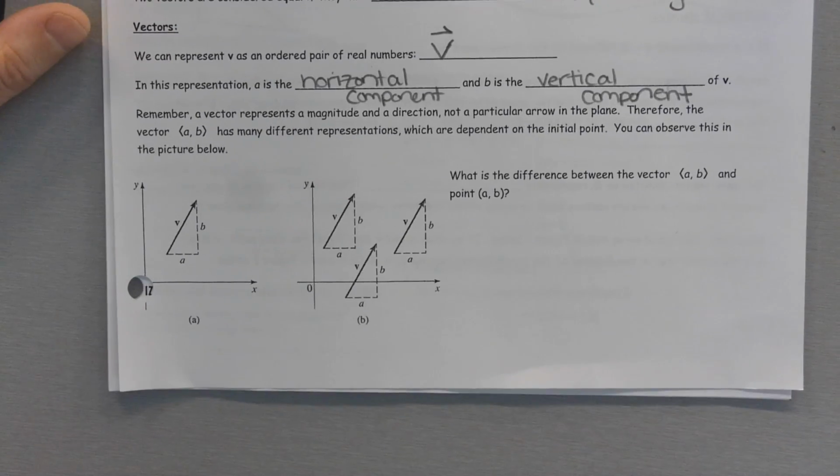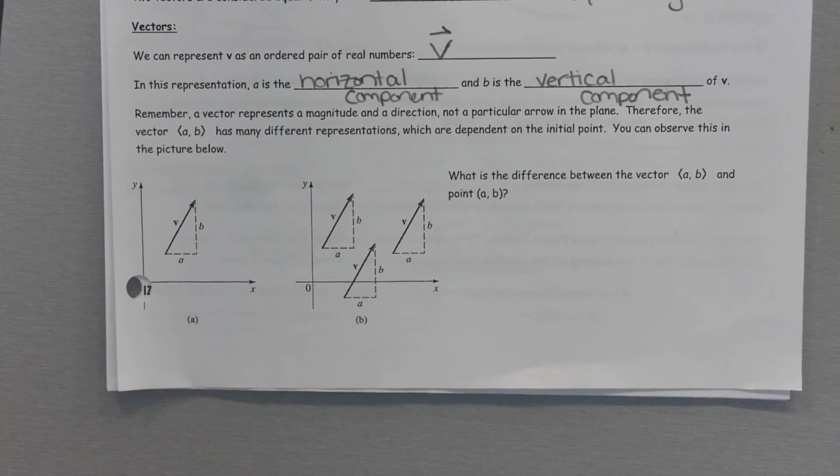Okay, so we come down here, and here are some examples of what a vector v could look like. Now, if we don't know where the vector originates, if we don't know the initial point, there are lots of different ways that we could draw a vector v if we know what A and B are.